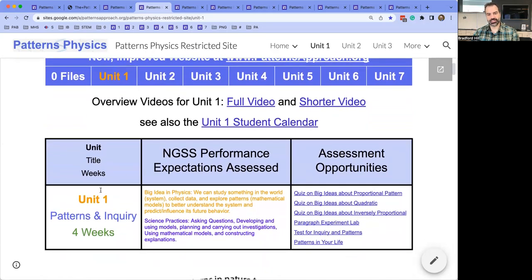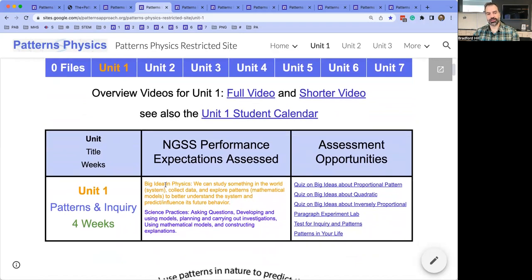Okay, so here again, you can see just a snapshot for the unit of the performance expectations. Unit 1 is really that skill building and time on task for one of the biggest ideas in physics. What's even bigger than Newton's second law or conservation of energy?